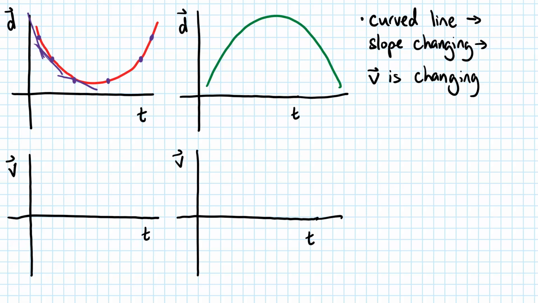And I can do it for the next 3. Flat, steeper, steepest. So you can see that the slopes are changing, or the velocity in this case, because it's a position time graph, the velocity is changing.